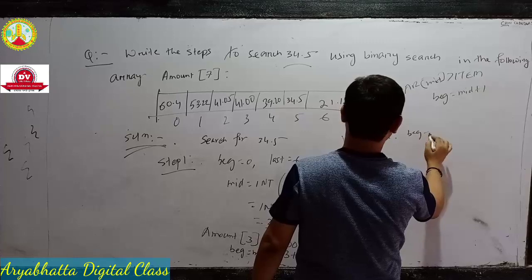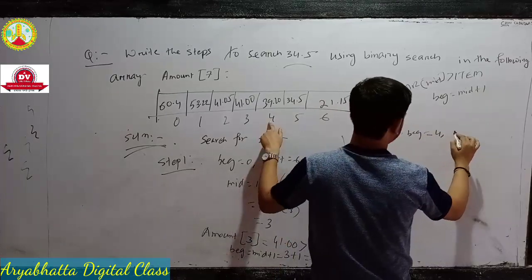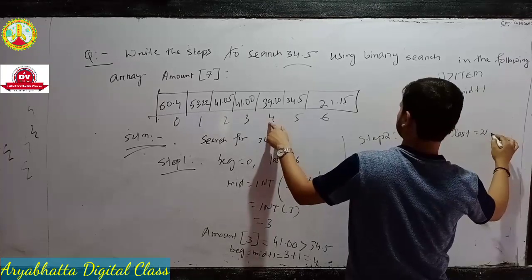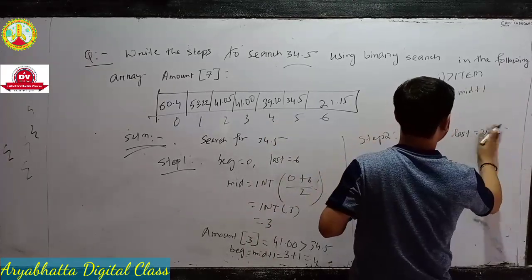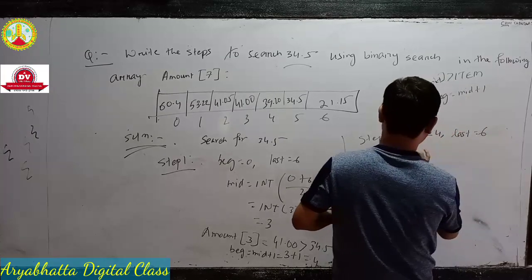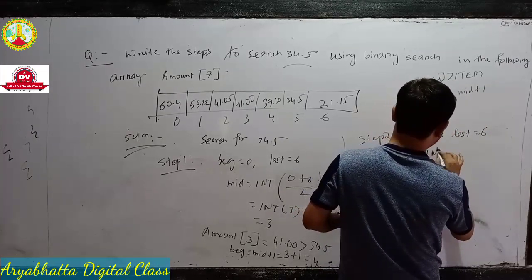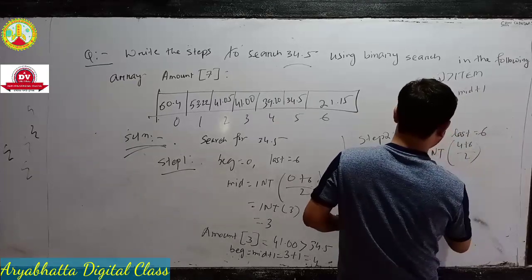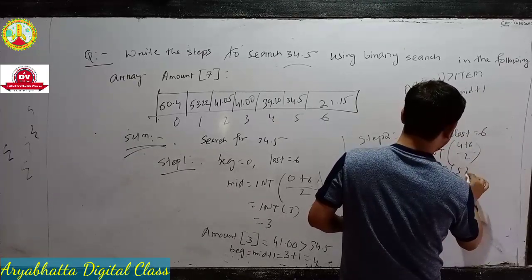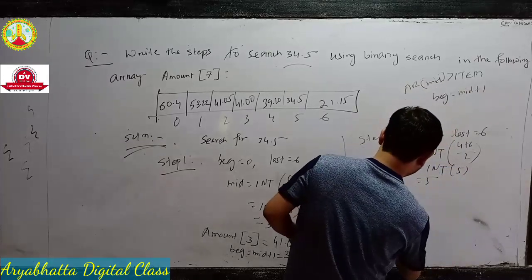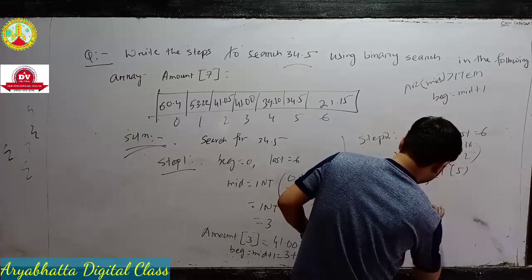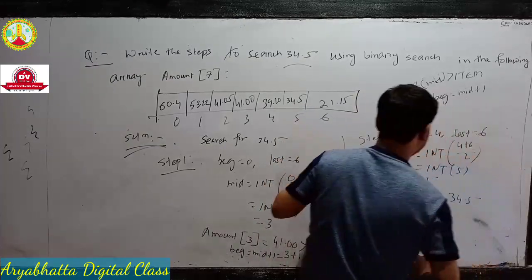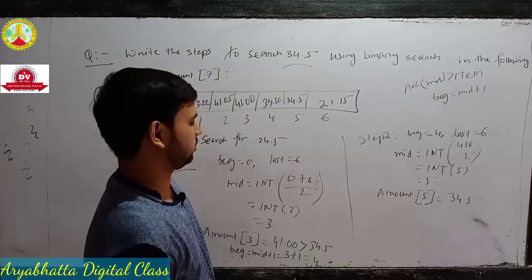In step 2, beginning will be 4, last is 6. Mid is 5, means amount[5] is 34.5, means we directly find the value.